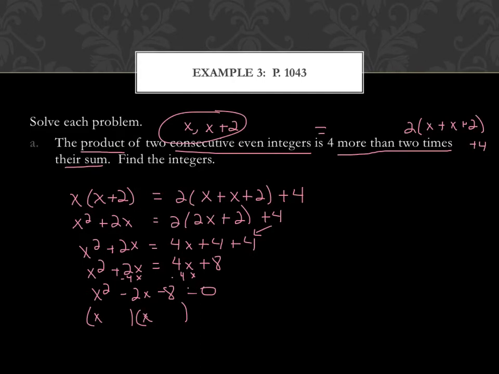So then factoring that, two times 4, negative 4 plus 2. So that means it's going to be x equals negative 2 and x equals 4.